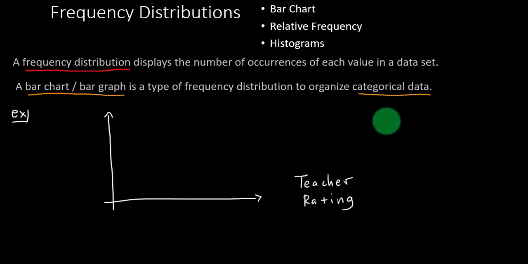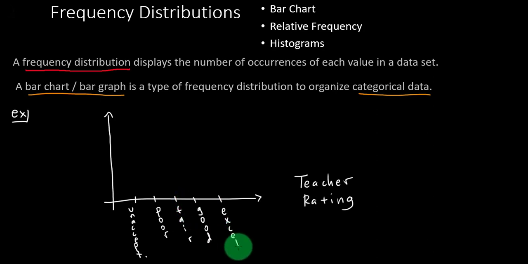This is going to be a categorical variable, and I'm going to put some tick marks here and name them from worst to best: unacceptable, poor, fair, good, and excellent. Pardon my abbreviation there.